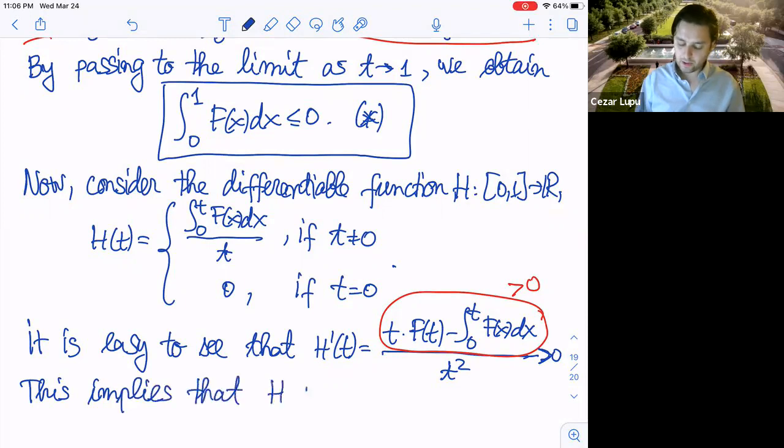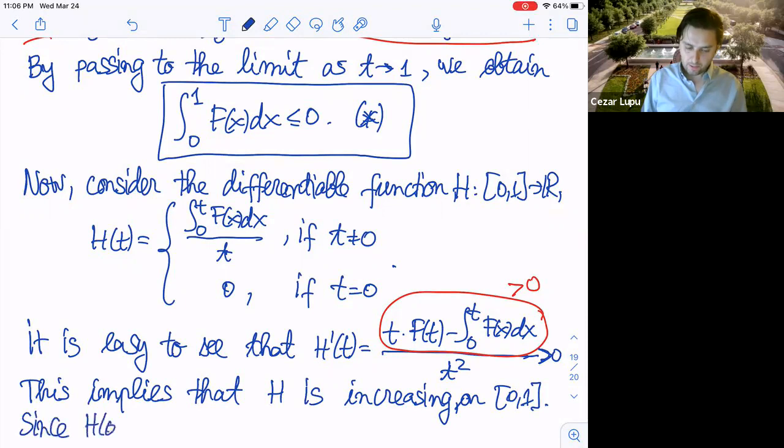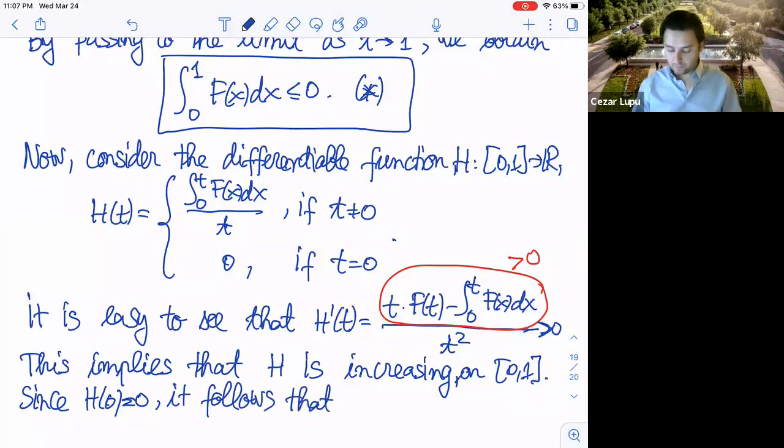That's great. And now, since this is greater than 0, this implies that h is increasing on the interval 0, 1. And since h of 0 is 0, it follows that h of 1 is greater than h of 0, so it's greater than 0.